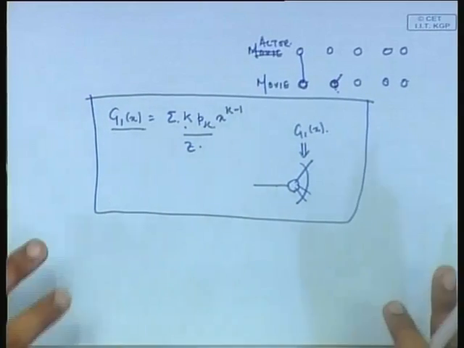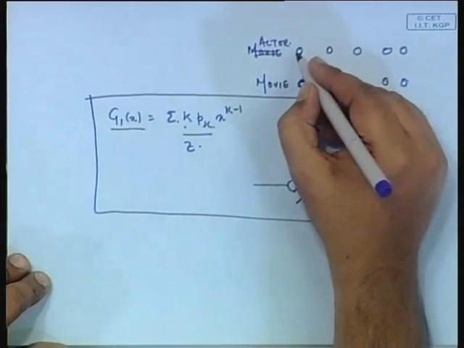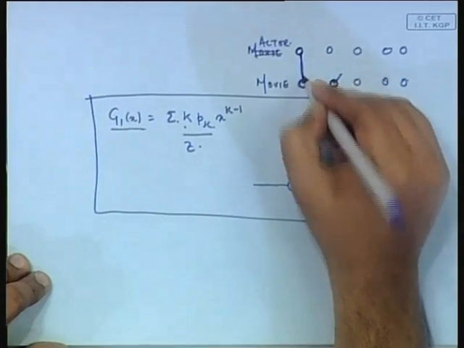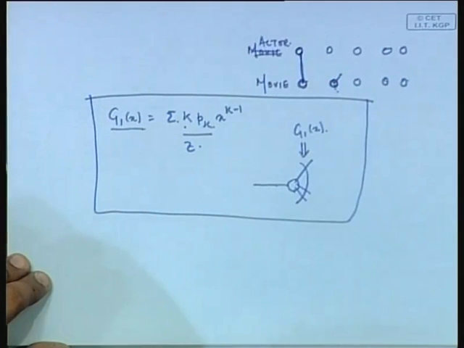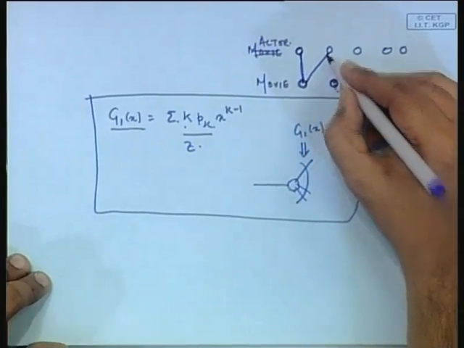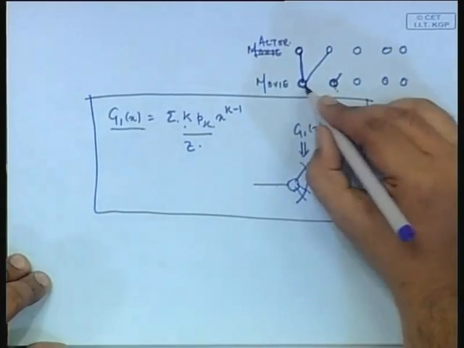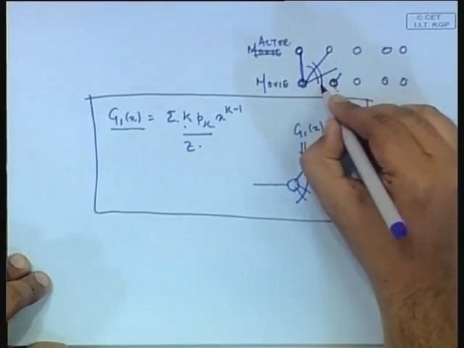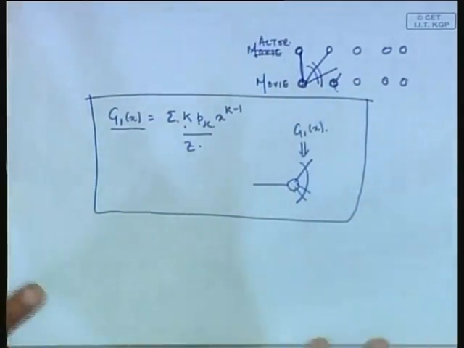Okay? So now again let us see. You are here, you come here, and then you go there. From here you try to see the outgoing degree distribution. What are you trying to see?